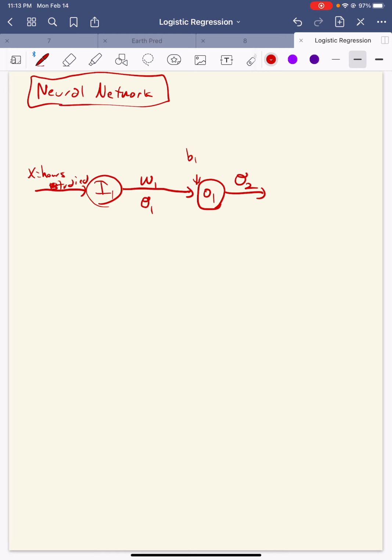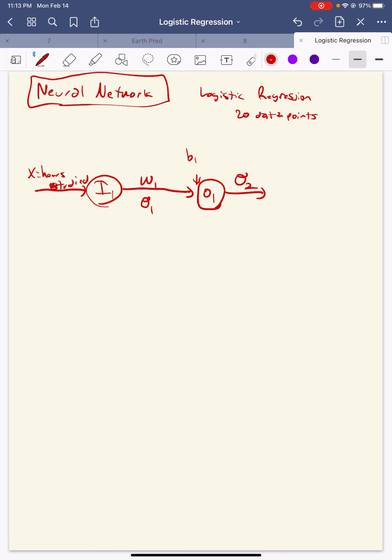Okay, now for the task that, remember we were doing logistic regression from the previous video with 20 data points, for hours studied versus pass probability.